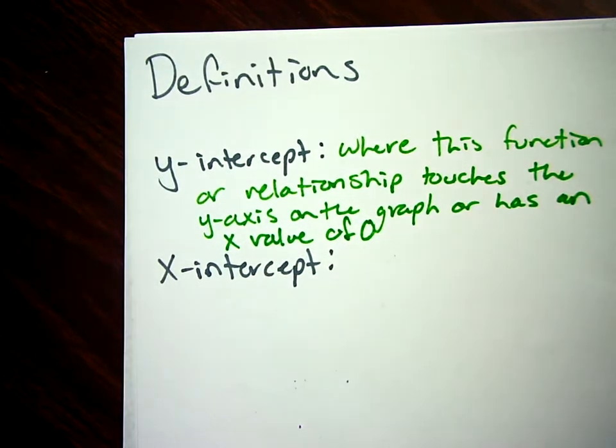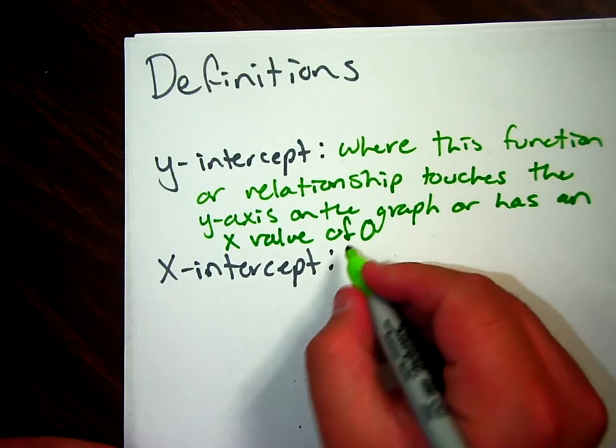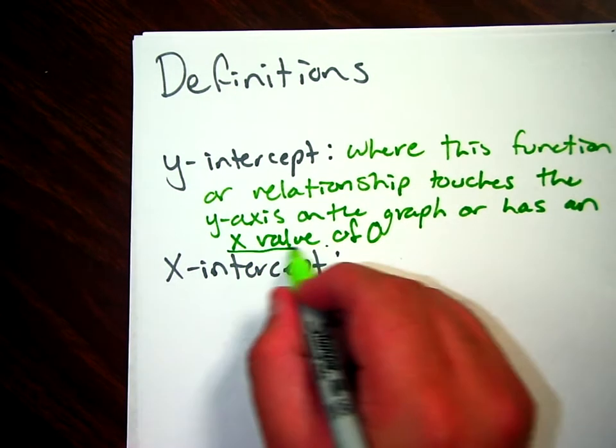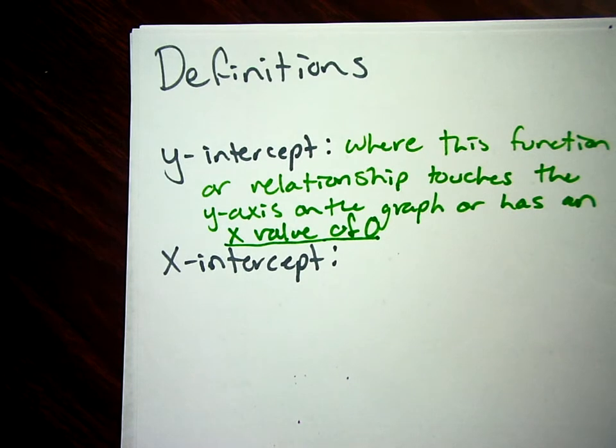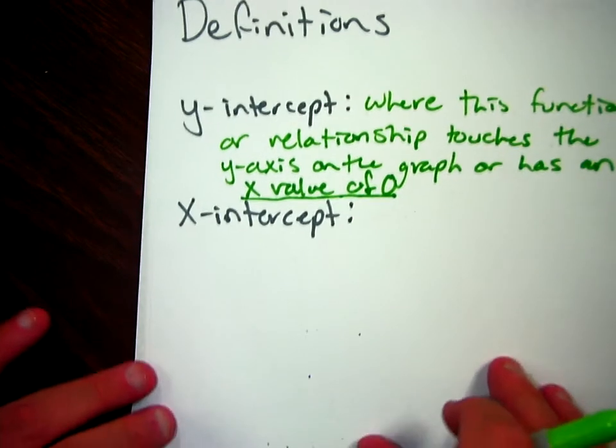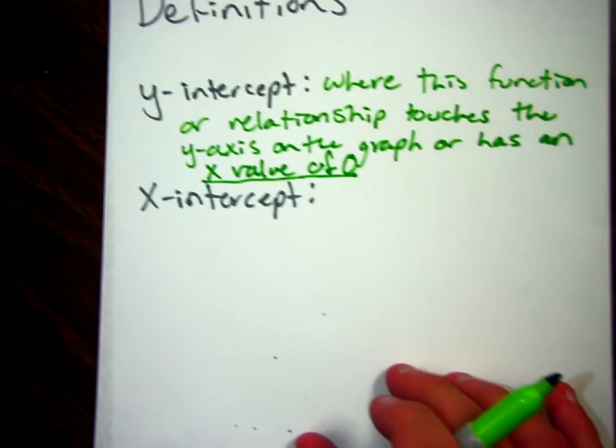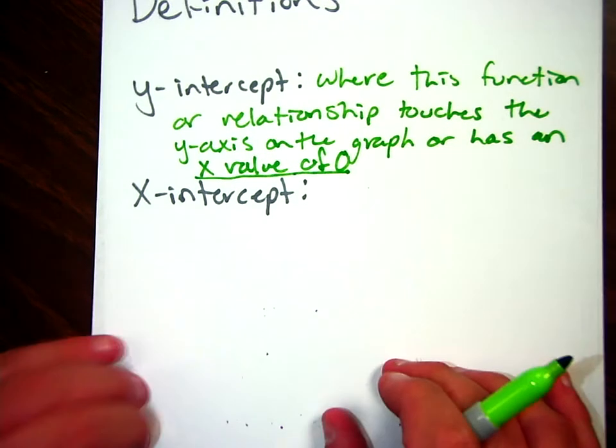Okay? Now I understand that that can be a little confusing. We'll look more specifically at examples of this, but this one is a very important one to note. If you make your x value 0 in the equation or function, you automatically set the condition to get your y-intercept.